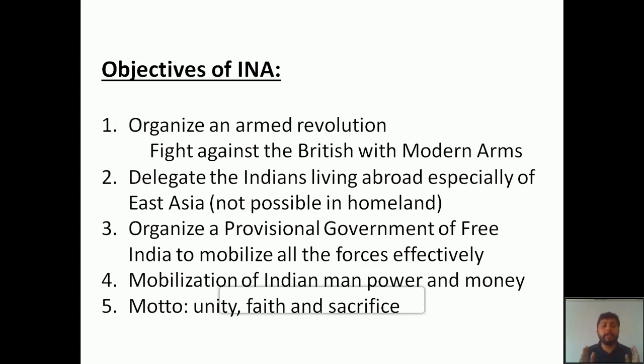All the people should be working under the leadership of one group of people. So unity, then faith and sacrifice for the sake of the nation. People must be ready to sacrifice their life for the nation. So these were the different objectives of the Indian National Army, which enabled the people to fight against the British.